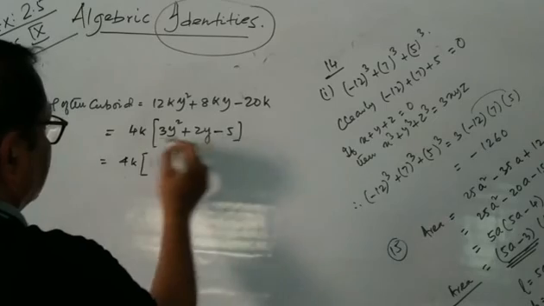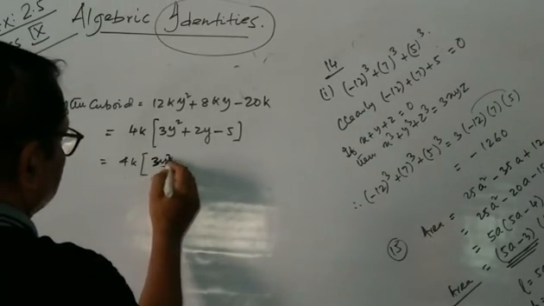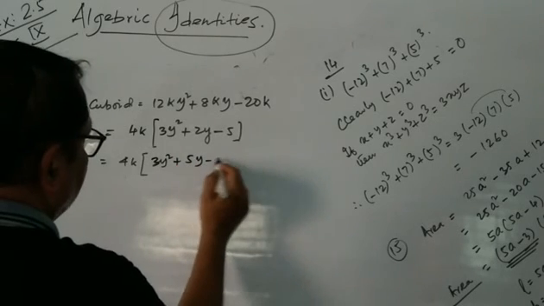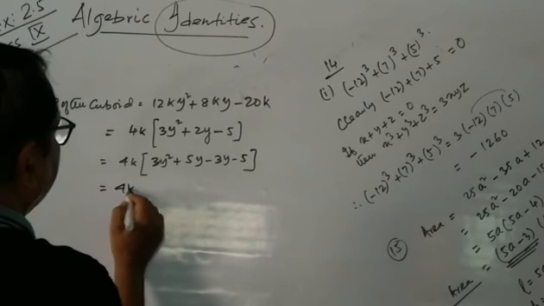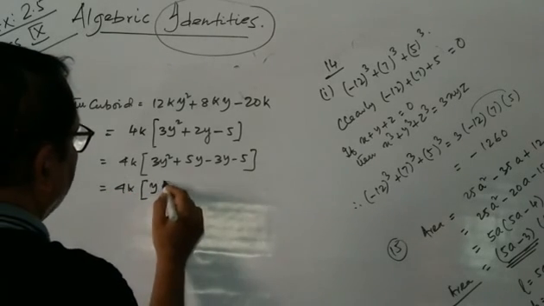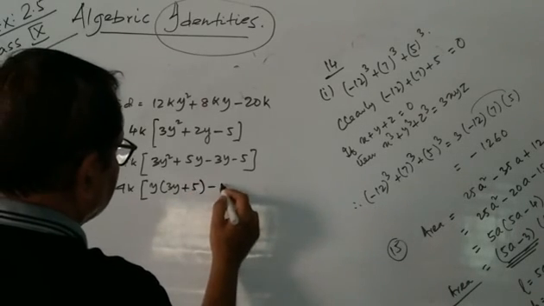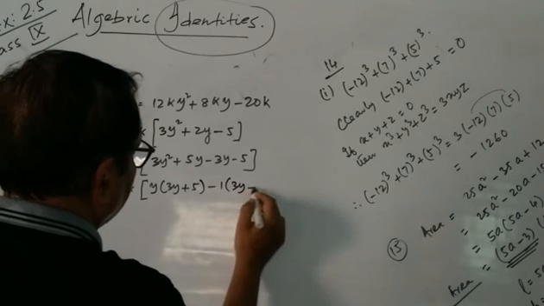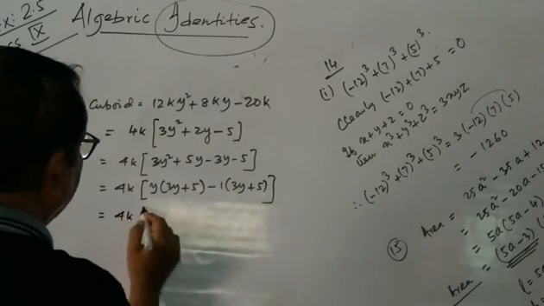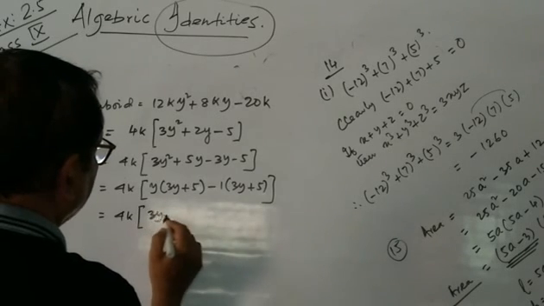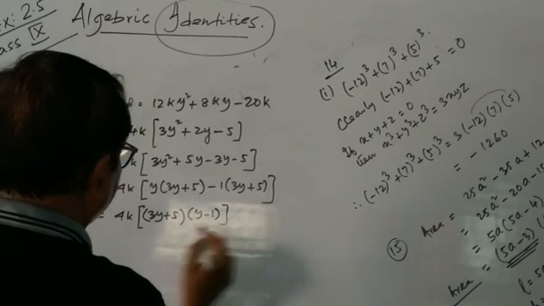Now this is the middle term factorization: 3y² + 5y - 3y - 5. We will take common y(3y + 5) - 1(3y + 5). So one is 4k, the second one is 3y + 5, and the third one is y - 1.